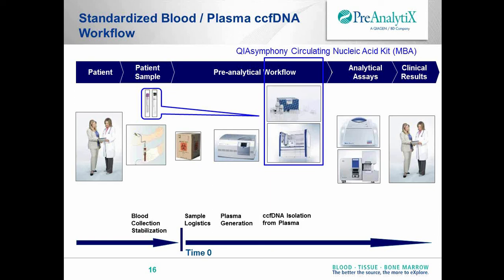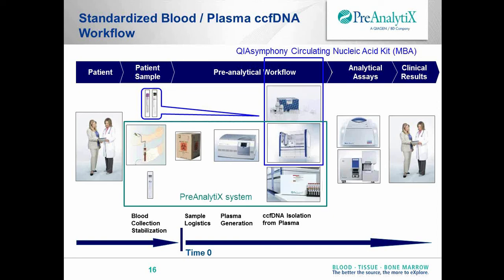To distinguish this, I show you now our new kit and our new system, and this is a little bit different approach here. So this system is completely closed, so we have our own tube now with a stabilization solution in it.